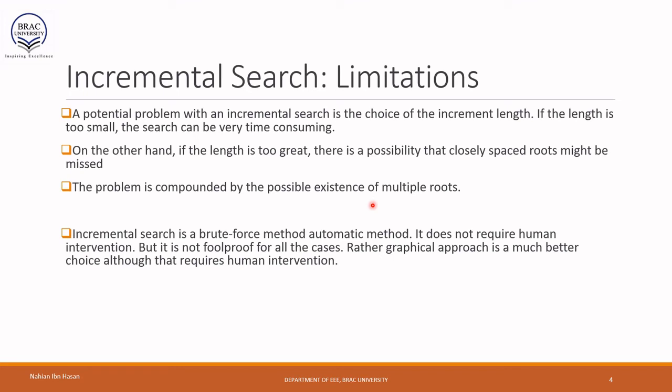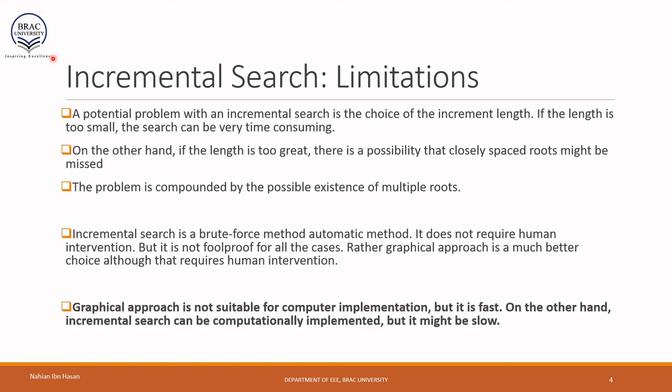Although it is brute force, it is the first automatic approach that we know until now, and it is much better than the graphical approach, because the graphical approach requires human intervention, but incremental search does not. That's why incremental search is at least better than the graphical approach. And as we already said, the graphical approach is not suitable for computer implementation, but it is fast.